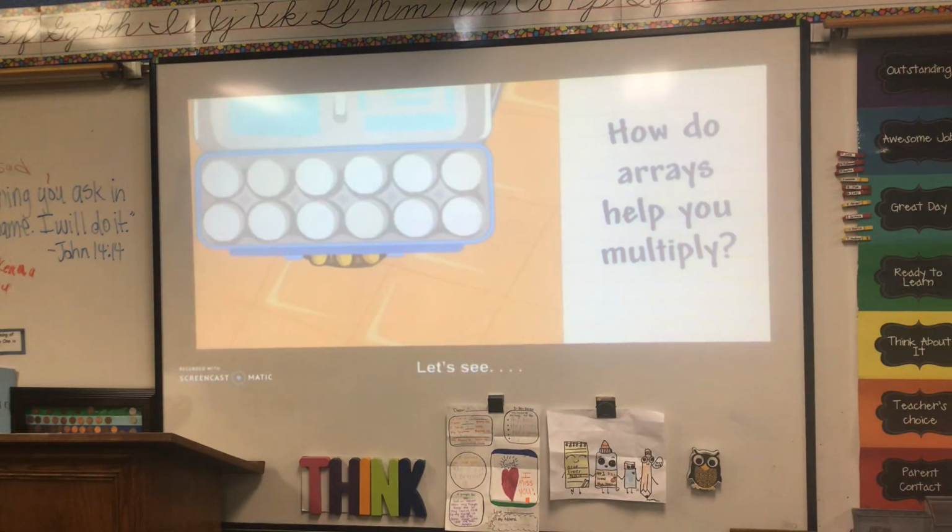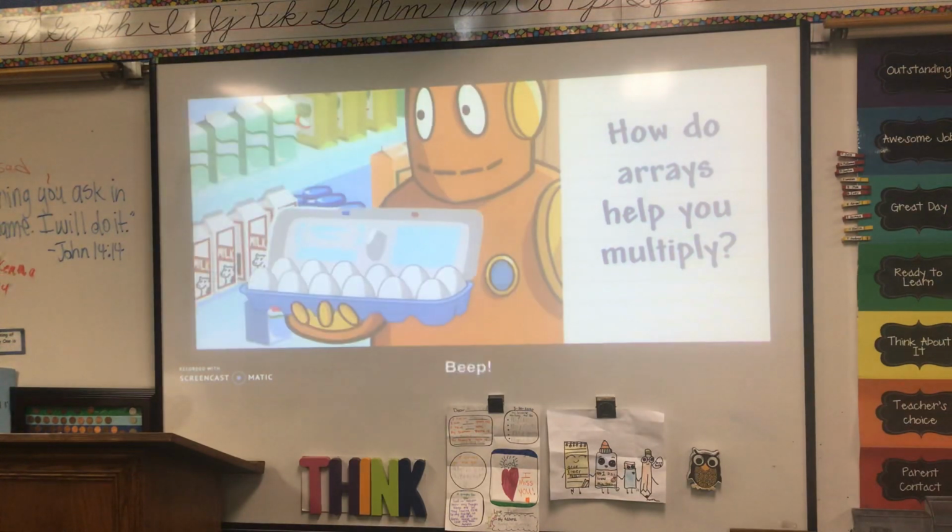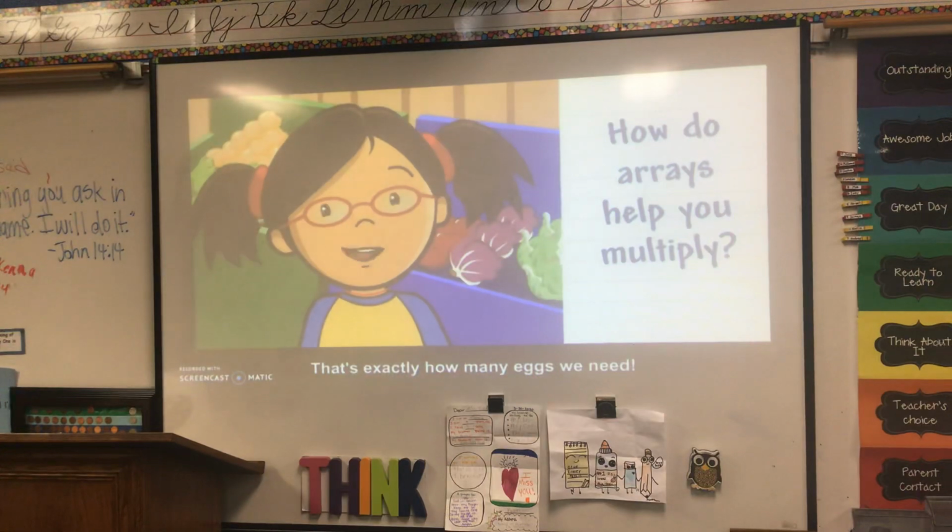Let's see. There are 2 rows of 6 eggs. That means there are 2 sets of 6. So 2 times 6 is equal to 12. That's exactly how many eggs we need.